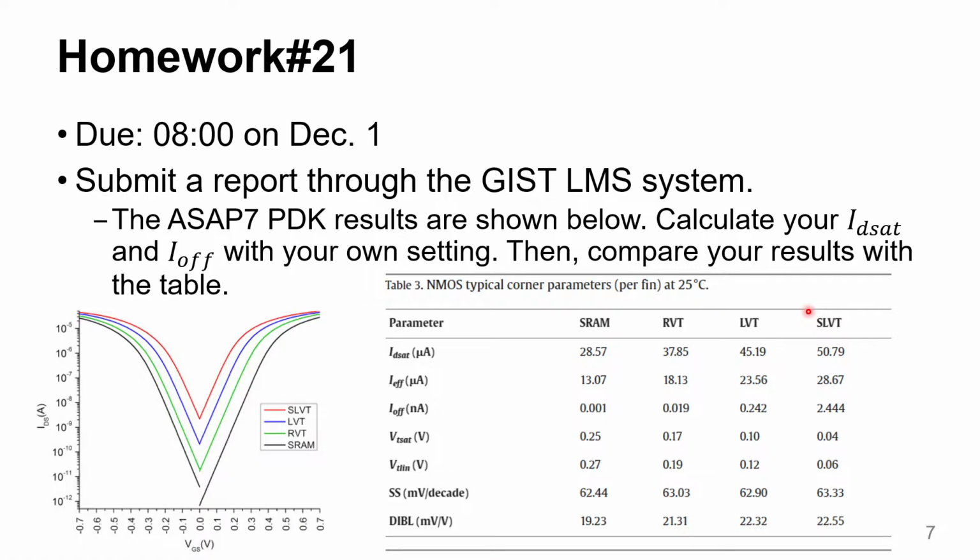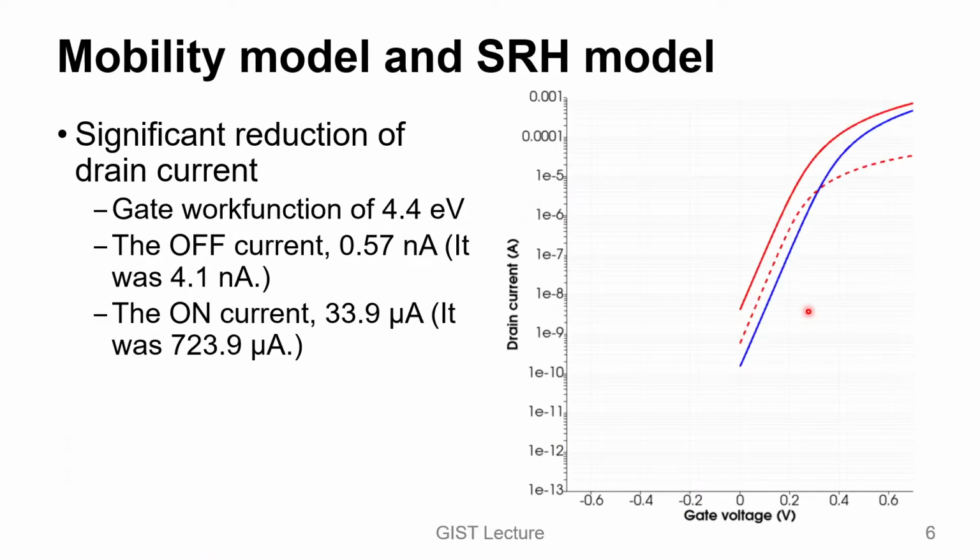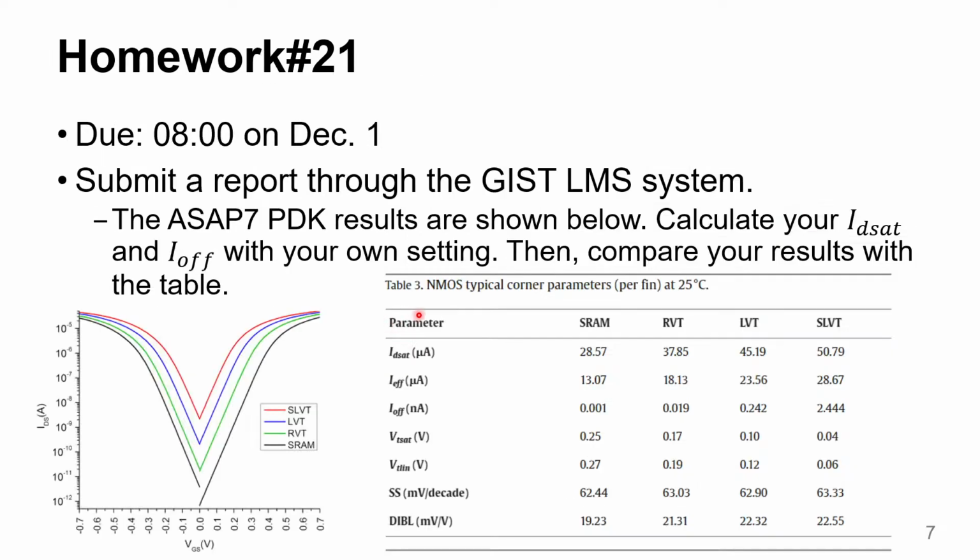So let me come back to our current example. In our current example, now we have values of about 0.57 nanoampere and 33 microampere for off and on current. Then where can you find it? In terms of off current, we are somewhere here.